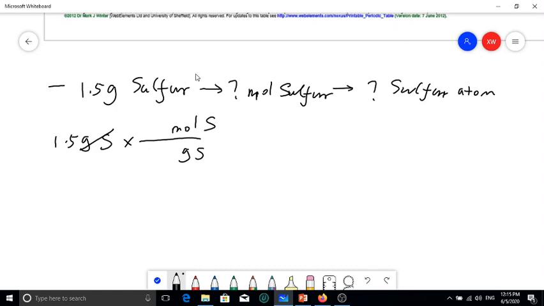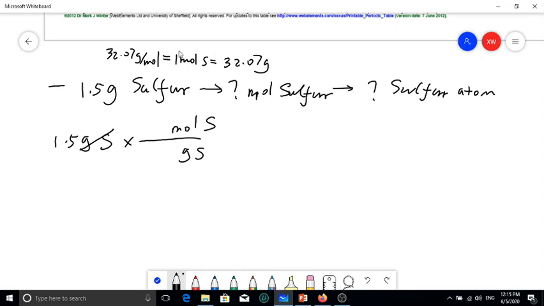The first conversion is, you need to go to the periodic table and find the molar mass of the sulfur, since this is grams and the mole. So for the first step you need 1 mole sulfur equals 32.07 grams. Now, usually people will write it like this, sulfur is 32.07 gram per mole.